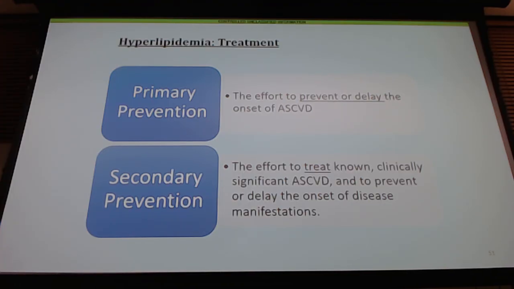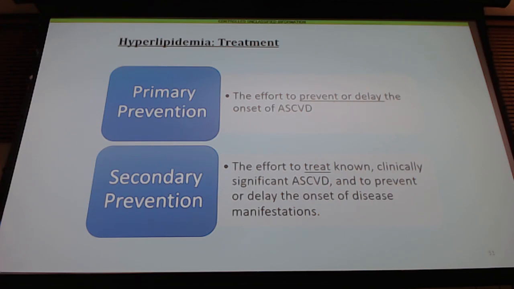Now, before we start talking about the actual management of cholesterol, some additional terms that we need to know are primary prevention versus secondary prevention. Primary prevention is I am trying to prevent them from having their first cardiovascular event.